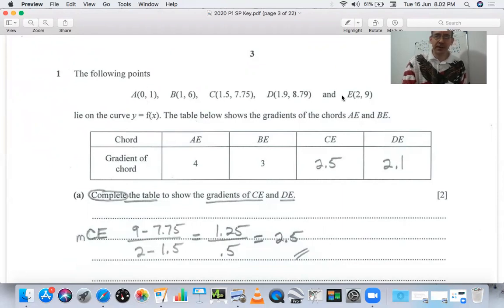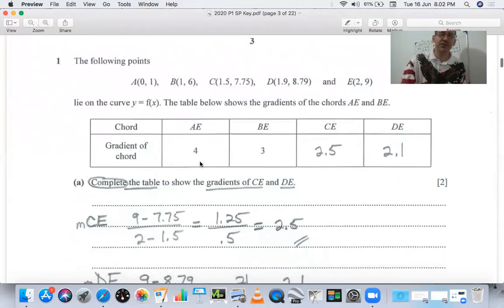As you move from left to right, your x value is approaching 2. And when you look at the slope, you have 4, 3, 2.5, and 2.1.